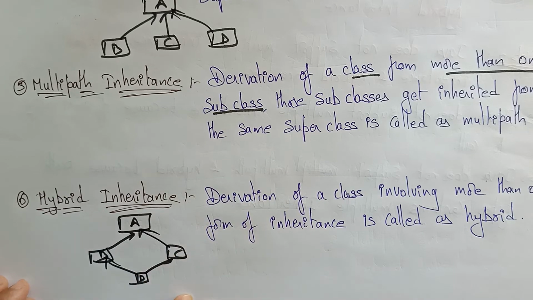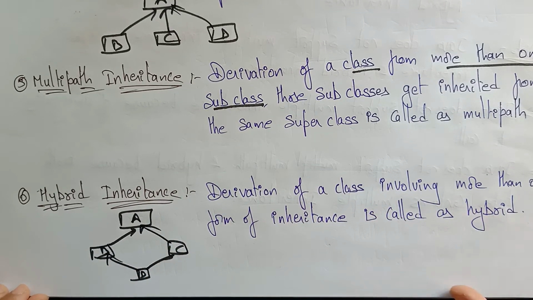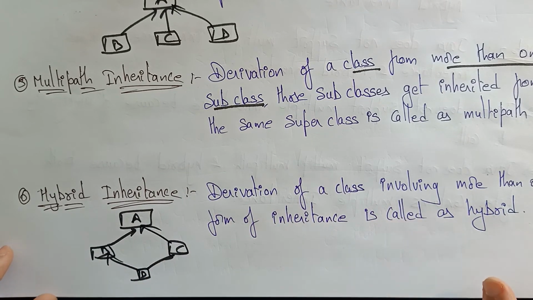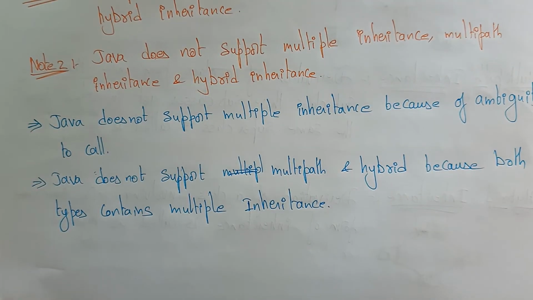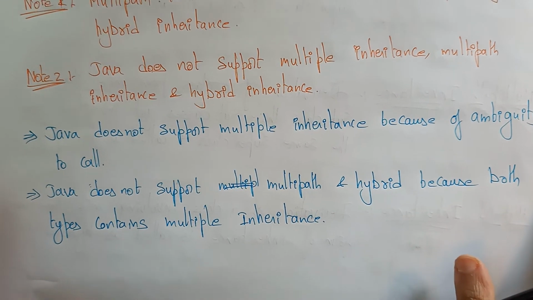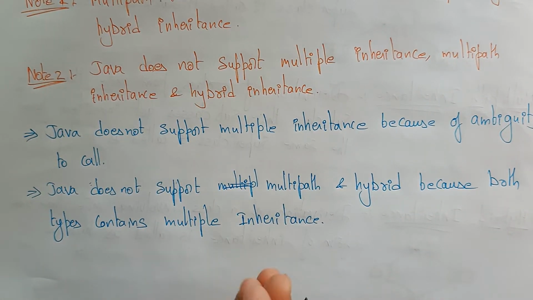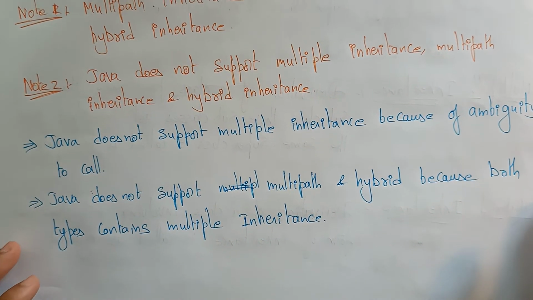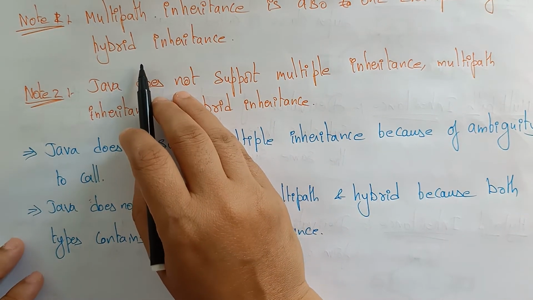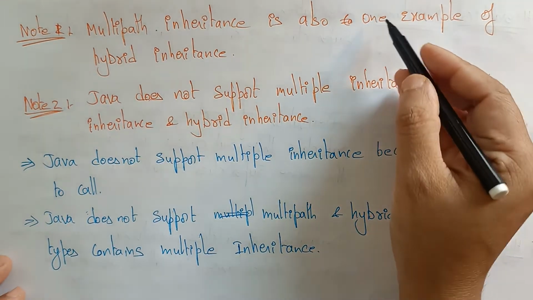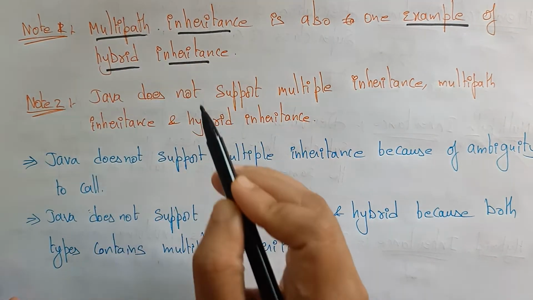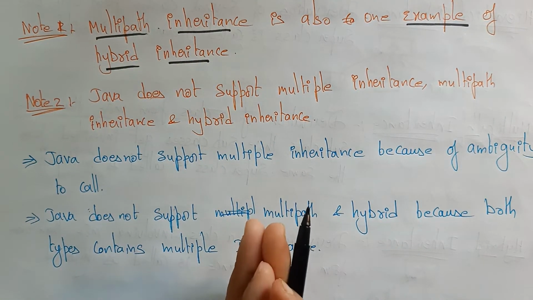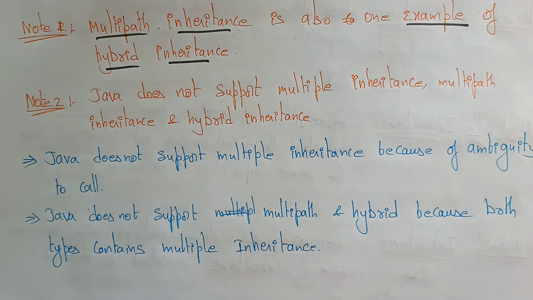This is hybrid inheritance. So these are all the basic definitions of inheritance. Now let's see which inheritance types are supported by the Java programming language. Multipath inheritance is also one example of hybrid inheritance.